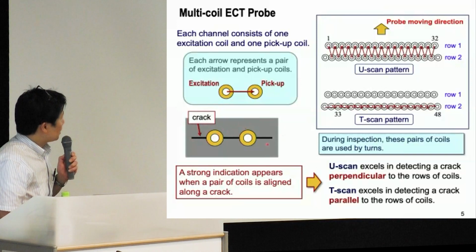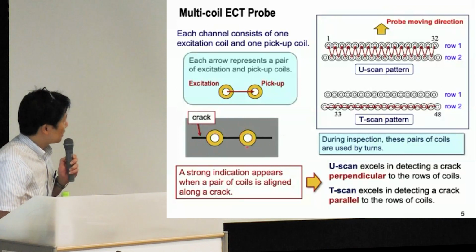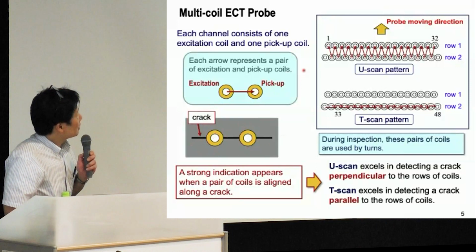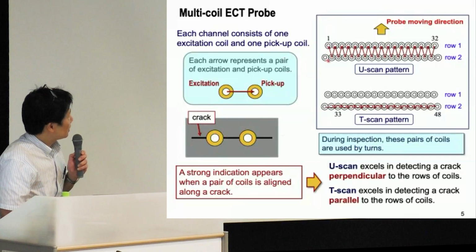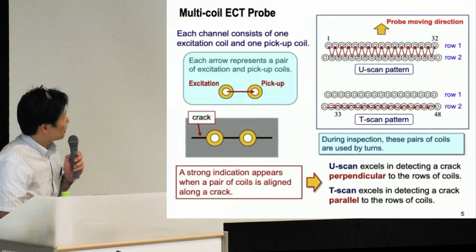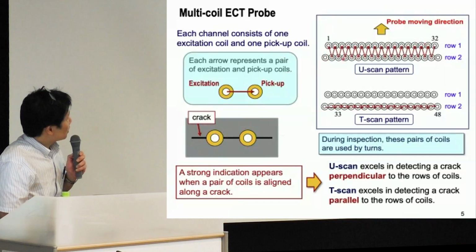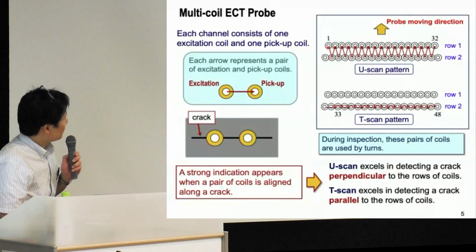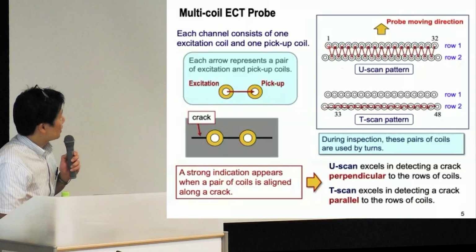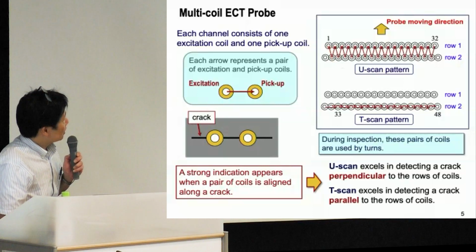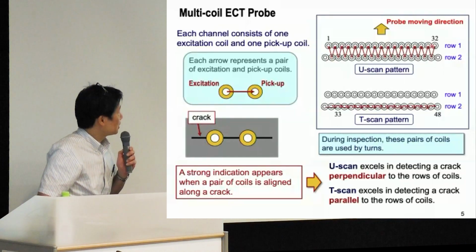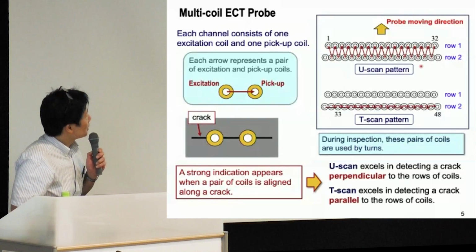So in order to detect a crack for this direction and perpendicular to this direction, this multi-coil probe has this alignment consisting of 32 coil. So for this scan pattern, transmitter is located here, and the receiver is located here. And in total, 32 channel is included in this pattern.